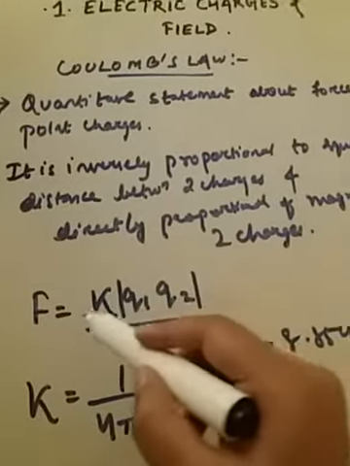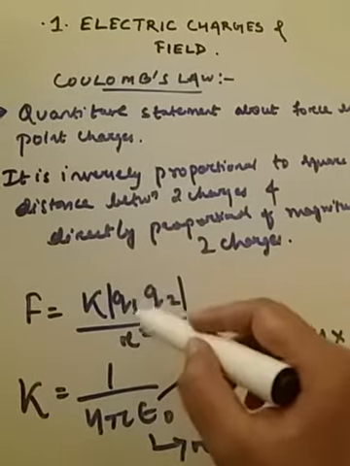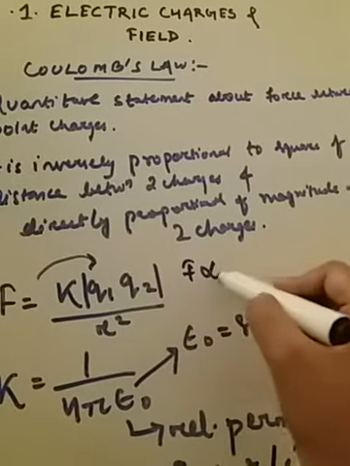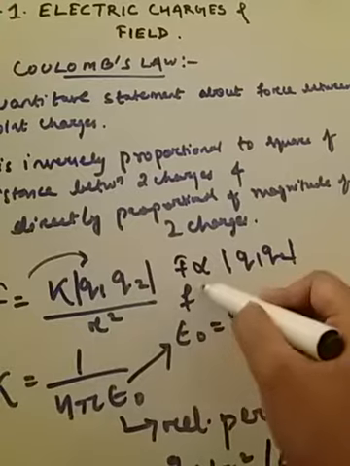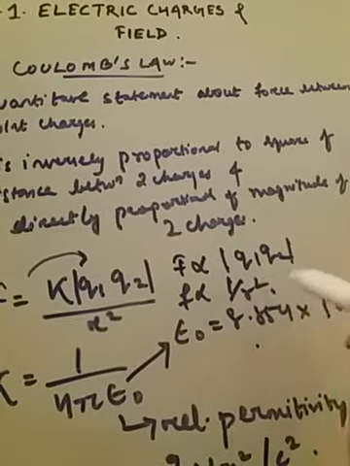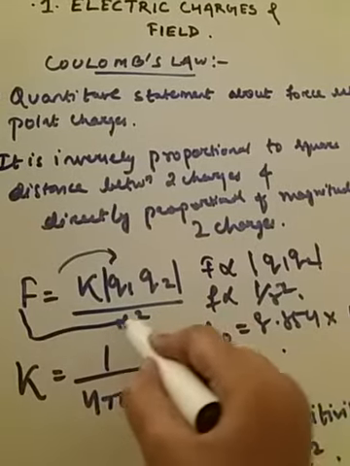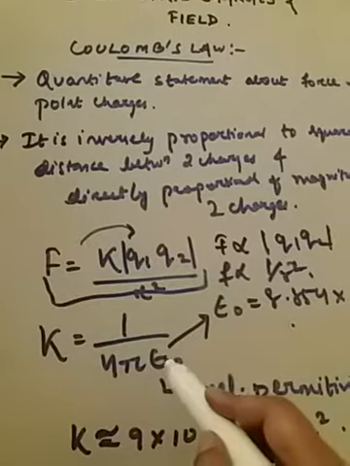Like F is equal to K, a constant, times the product of the magnitudes of the charges. F is proportional to the magnitude of the two charges and F is inversely proportional to the square of the distance between them. This is the Coulomb's law formula, and here K is equal to 1 by 4 pi epsilon naught.